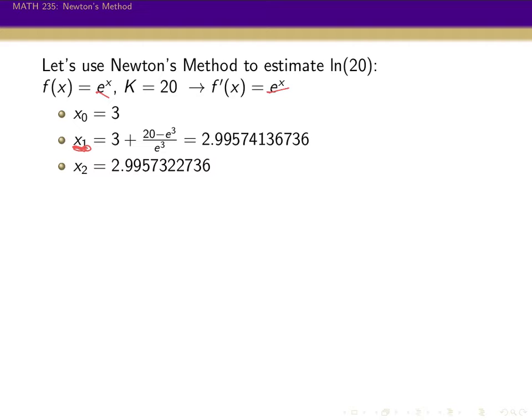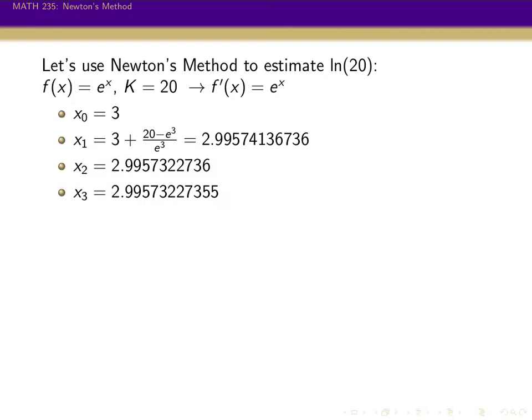Between x1 and x2, these seem to be accurate to 4 decimal places, almost 5. That's telling us that those first decimal places are probably correct. In Newton's method, if a number of decimal places stay the same, usually that's telling you that those decimal places are right.